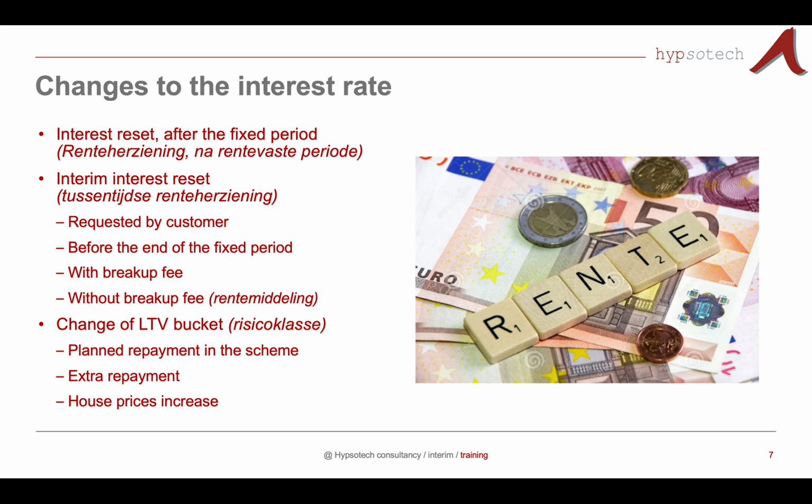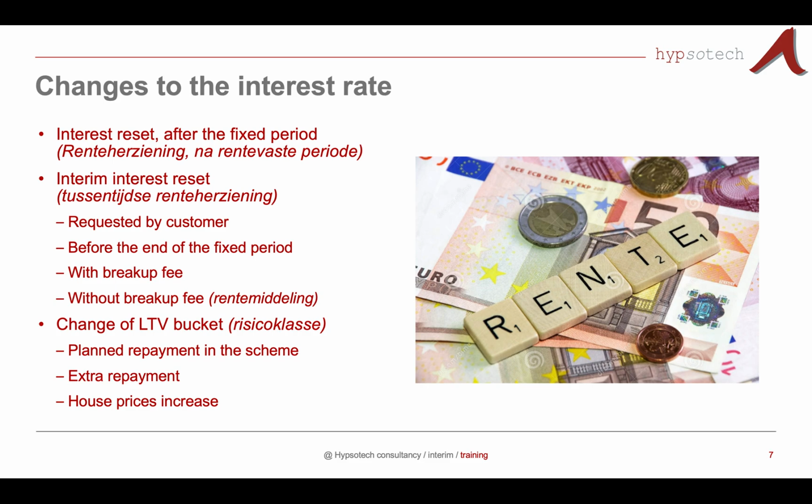It's already said, you can change LTV bucket, that's the risicoklasse, because of a planned repayment in the scheme. On the moment, for instance, that your LTV is lower than 85% after an extra repayment, and often we see that consumers start calculating and the repayment is just enough to enter a lower LTV bucket, but also when house prices increase.